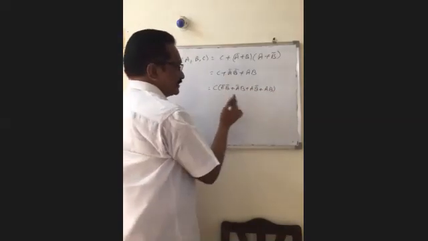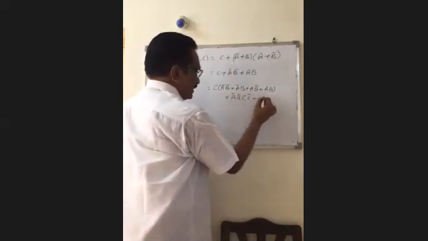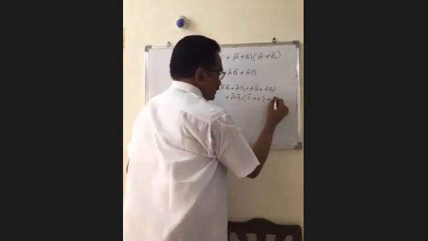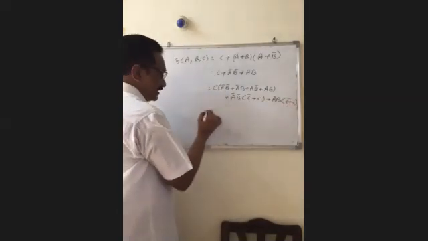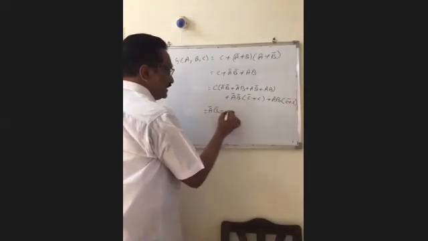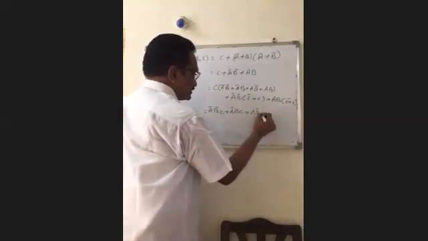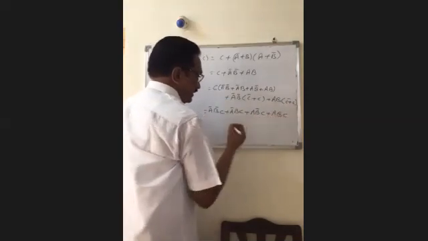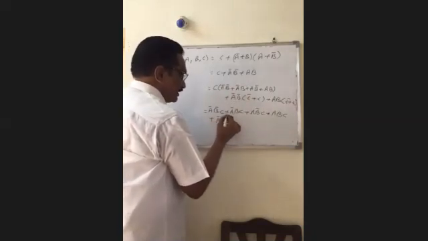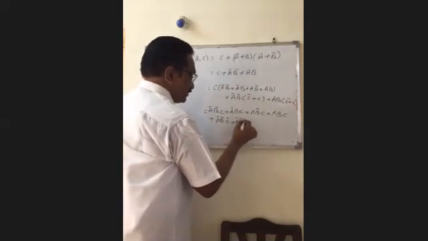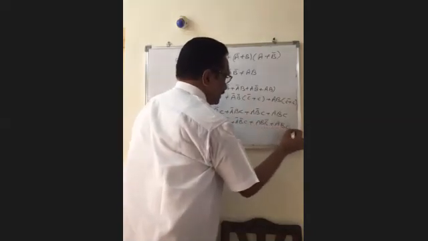In this one, only one variable is missing, so for that one, you have to write A bar B bar into C bar plus C. Next, in this one also one variable is missing, so for that one also, I have to write AB into C bar plus C. Next, it can be written as A bar B bar C plus A bar B C plus A B bar C plus A B C plus A bar B bar C bar plus A bar B bar C plus AB C bar plus AB C.